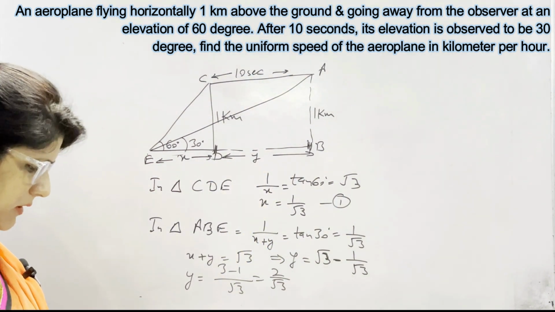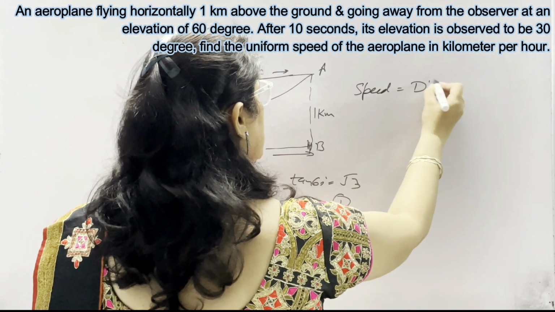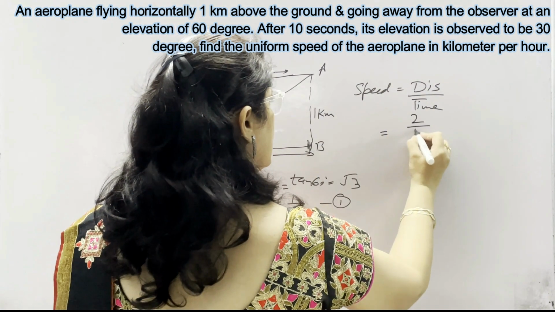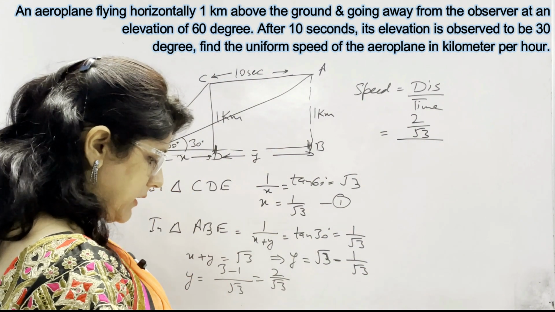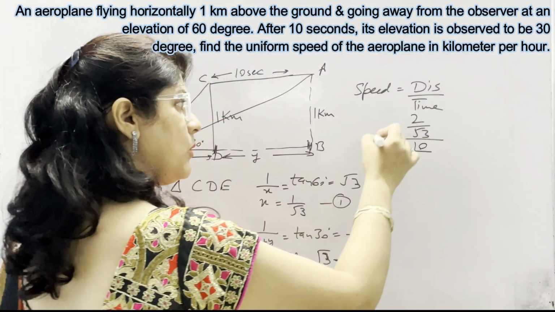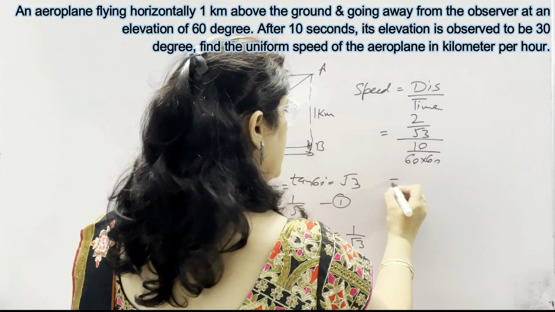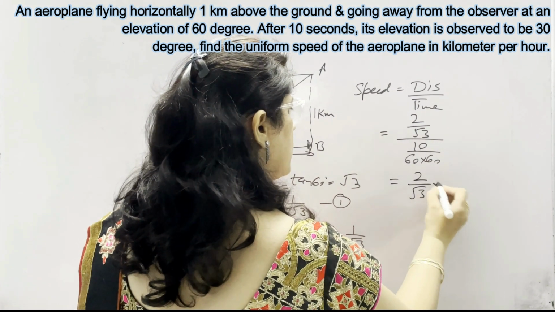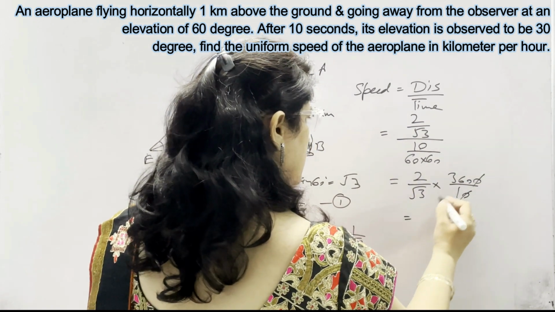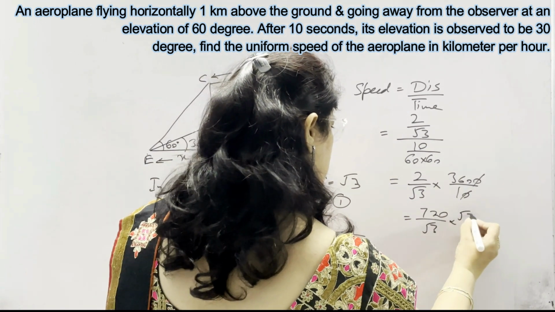Now we can calculate speed. Speed is equal to distance upon time. Distance is 2 upon root 3 and the time given in the question is 10 seconds. So convert it into hours: 60 into 60, first into minutes and then into hours. So the overall calculation is 2 upon root 3 into 3600 upon 10, which means 720 upon root 3.